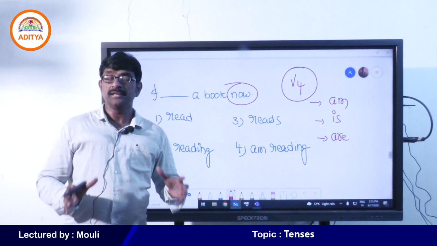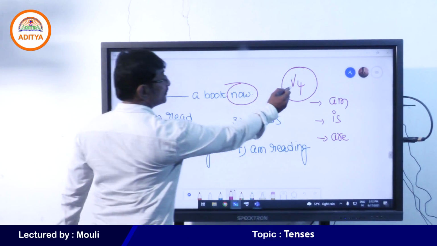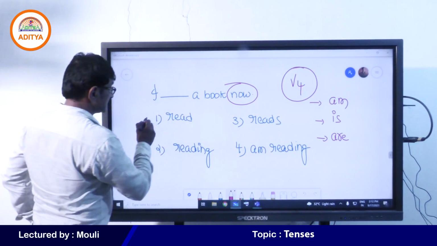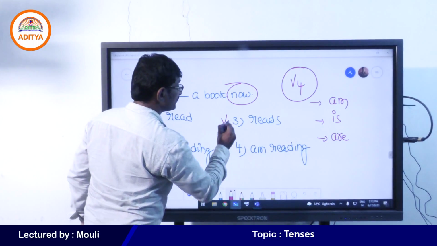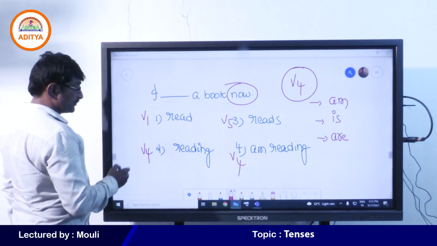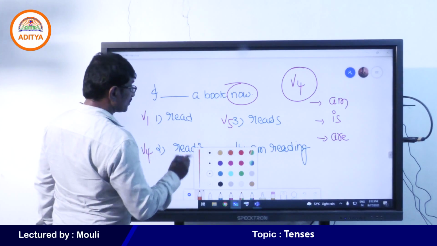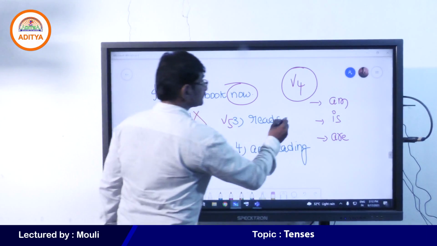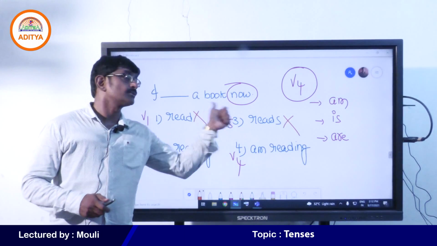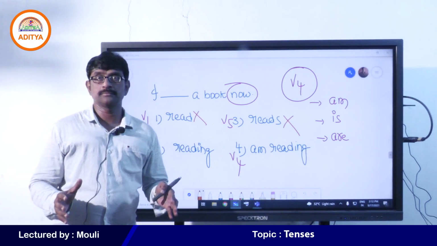So let us have a glance at this once. Now is there, that means V4 is confirmed. So where are the V4s? This is V1, this is V5, this is V4, this is V4. First of all, let us strike off the wrong answers. These two are wrong, we don't want these two here. We want the ing form, V4.